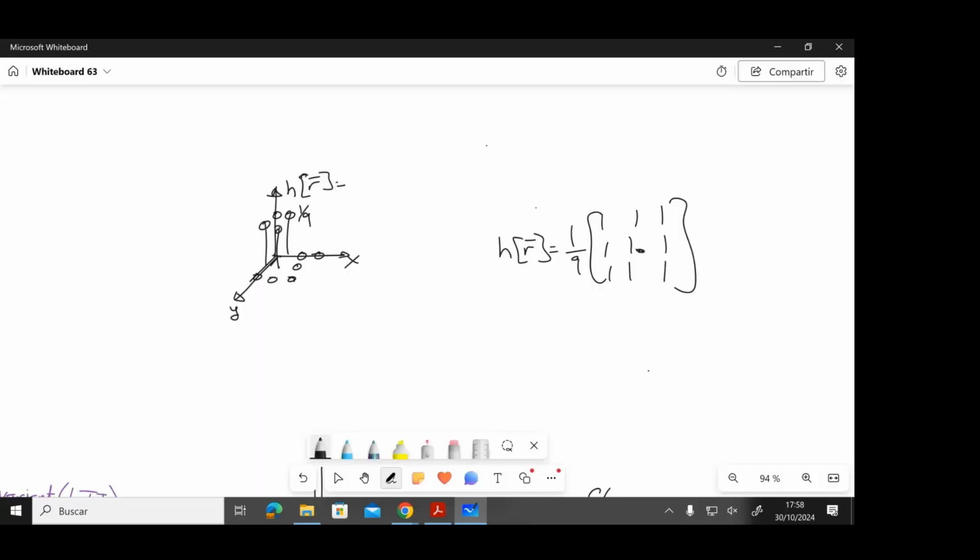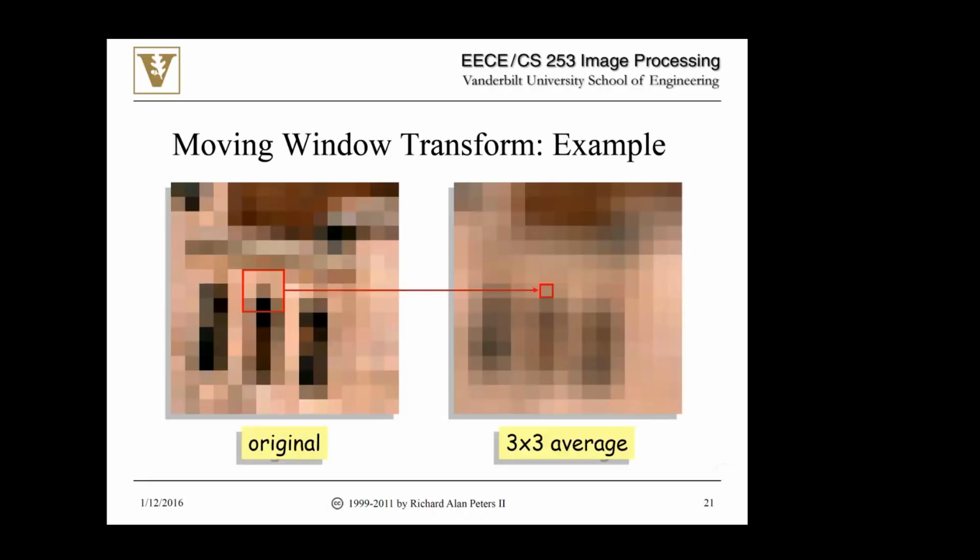Okay, so this is where the point is, looking from the top, and then we have a ninth everywhere. So this is just the average of 9 pixels. Okay, so this is what we are doing. So we multiply all these pixels, every one by 1/9, just add all of them, and the addition is put there.